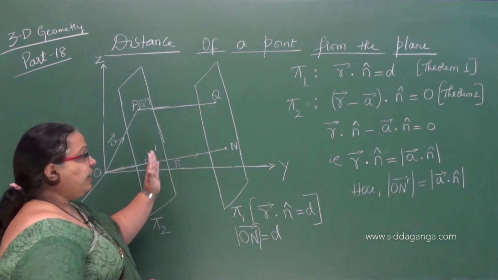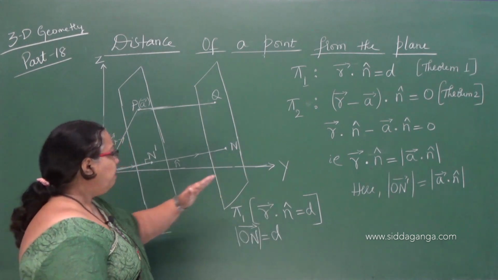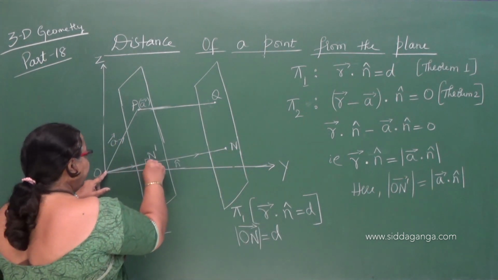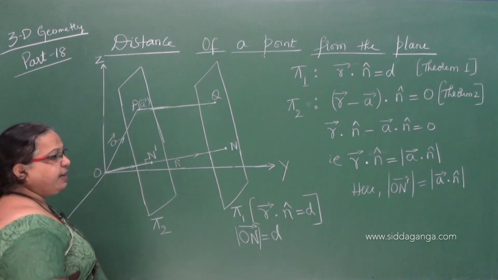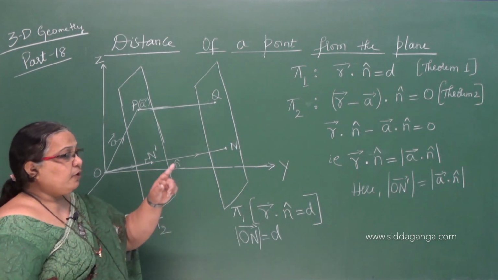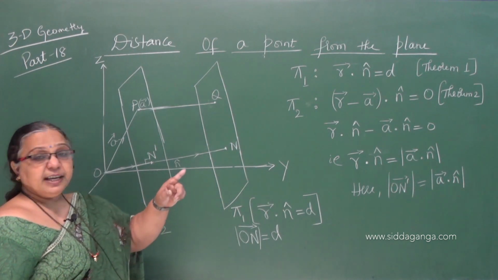In the second plane that I have written, the ON dash distance is given by the magnitude of vector A dot n cap.